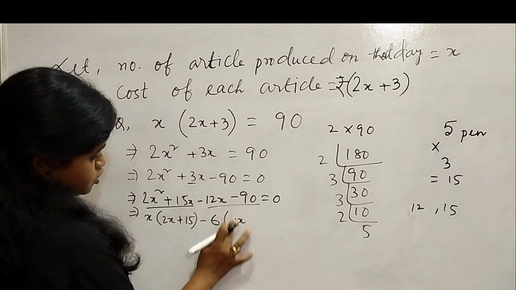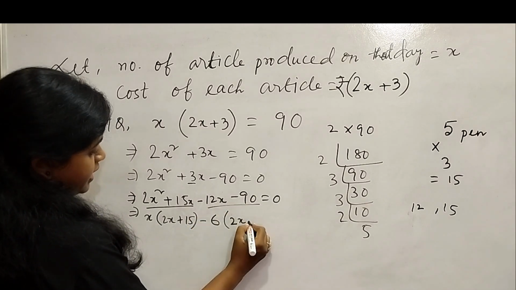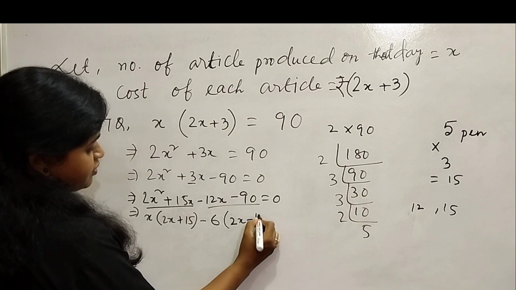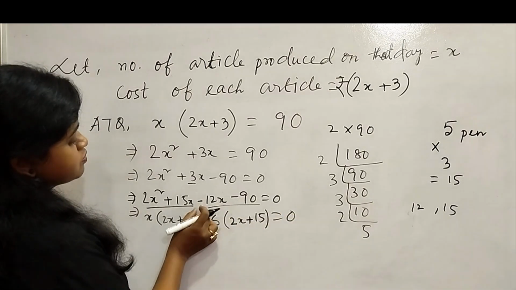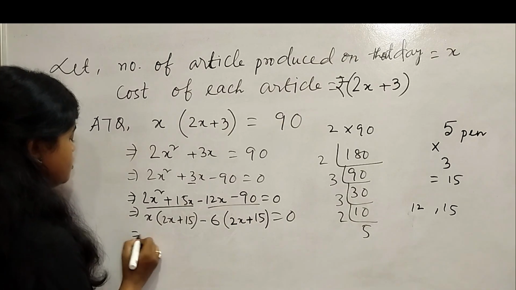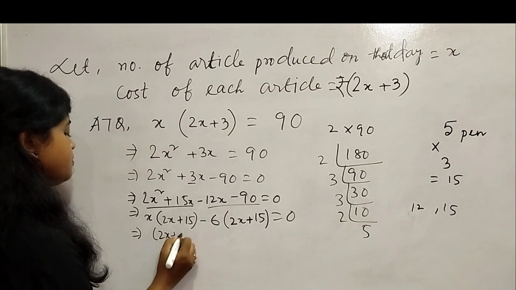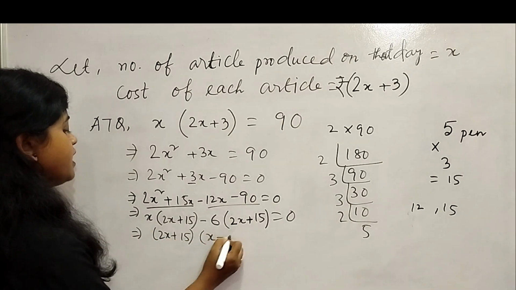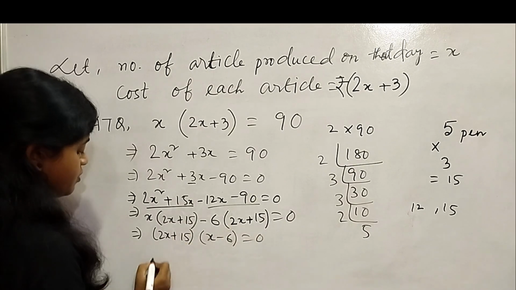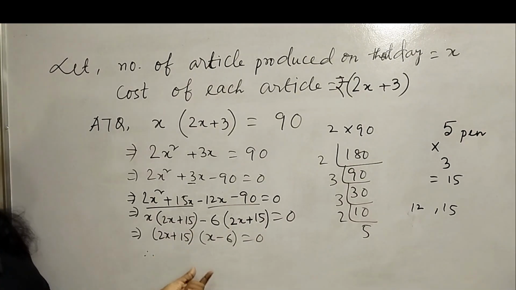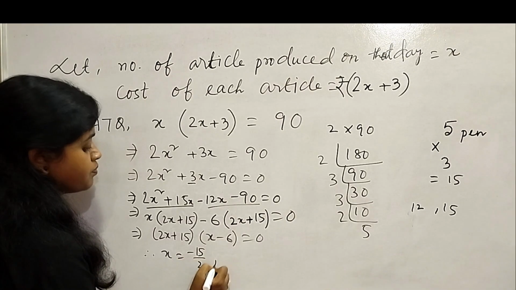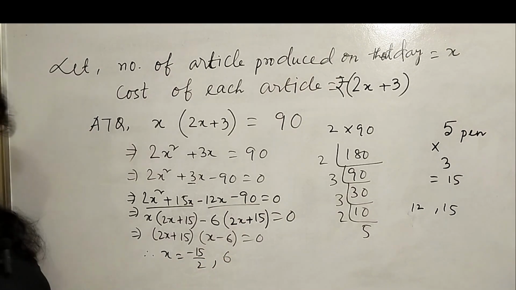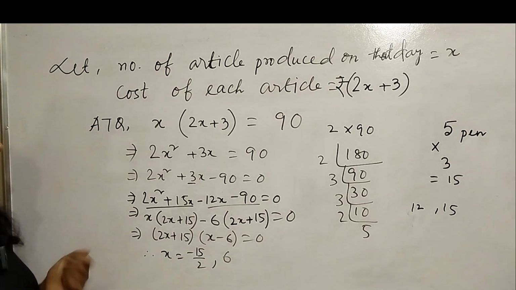Yes, so 6 2s are 12 and 6 15s are 90, equals to 0. It will be a plus sign because minus is common here. So 2x plus 15 into x minus 6 equals to 0. From these two factors we will get the values of x: minus 15 by 2 and 6.